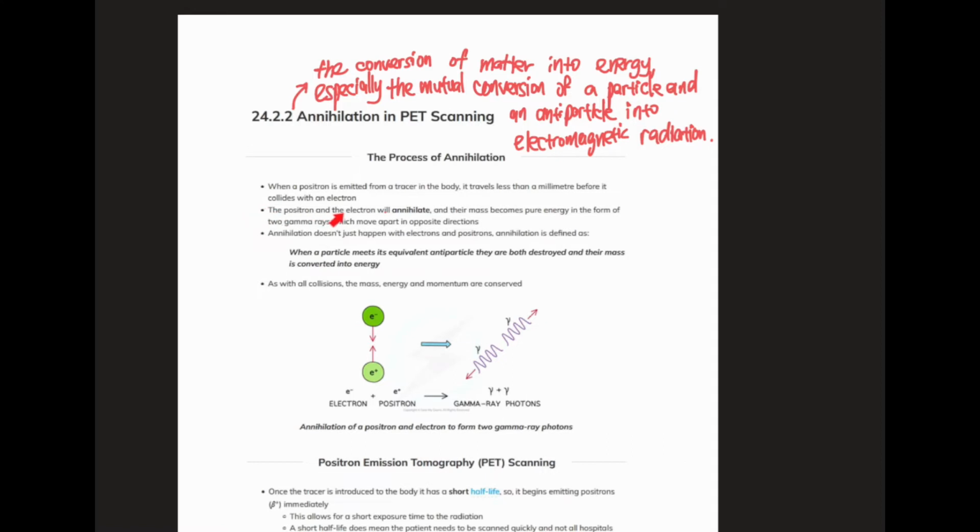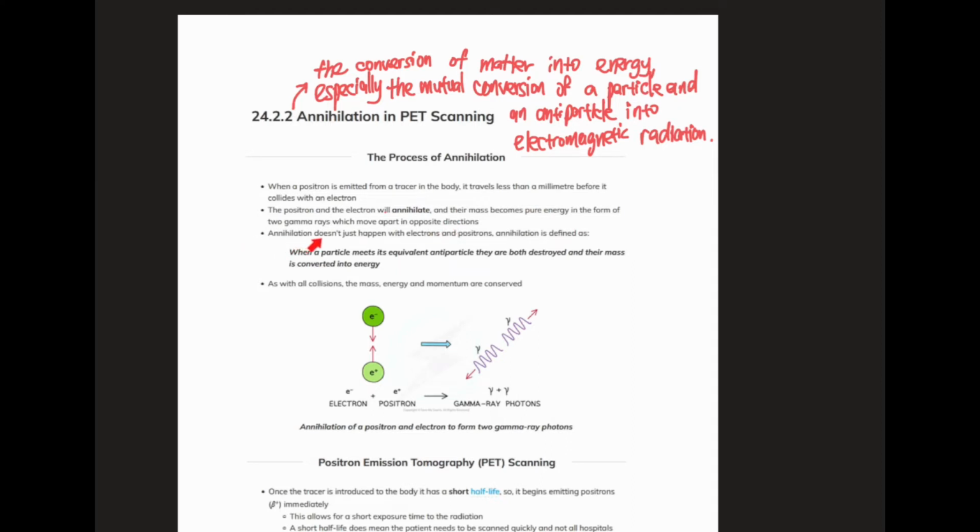The positron and electron will annihilate, and their mass becomes pure energy in the form of two gamma rays which move apart in opposite directions.